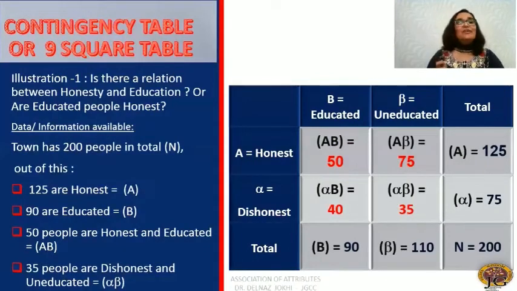Very good. And what is the other name of the contingency table? 9 square table. So congratulations. In this chapter, association of attributes, you learned how to make a contingency table, how to use the notations A alpha B beta, and how to do the plus minus calculations to find out the missing frequencies. You have learned quite a lot. Very good.